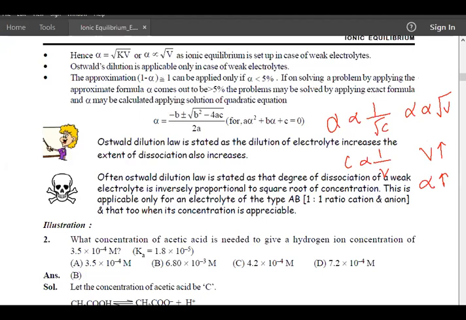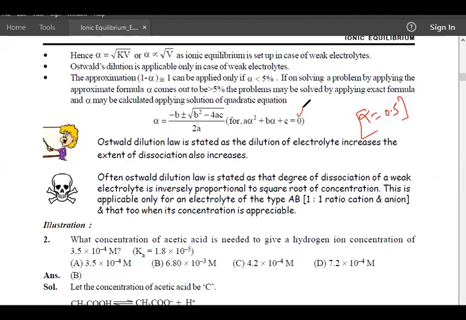Now condition. Can it be used for a strong electrolyte, and when alpha is very much less than 1? Suppose alpha is equal to 0.5, can I use this formula, alpha is equal to root of K by C? No, because alpha is not very small compared to 1. So Ostwald dilution law is only applicable for very weak electrolytes.